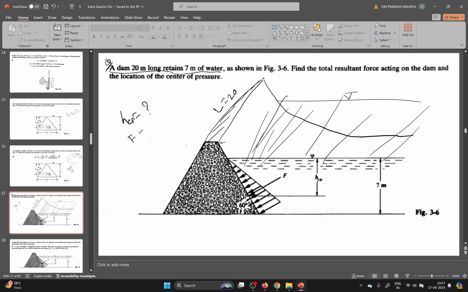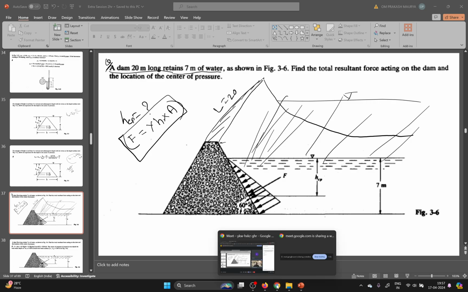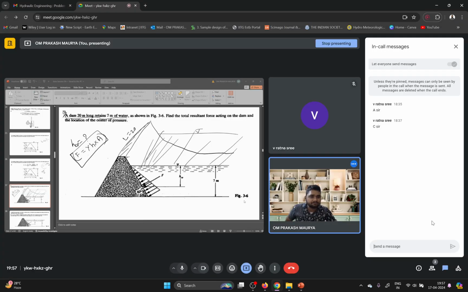So your resultant force is nothing but gamma times H times area. I have just given a hint. If you want to attempt it, otherwise I will show the answer.